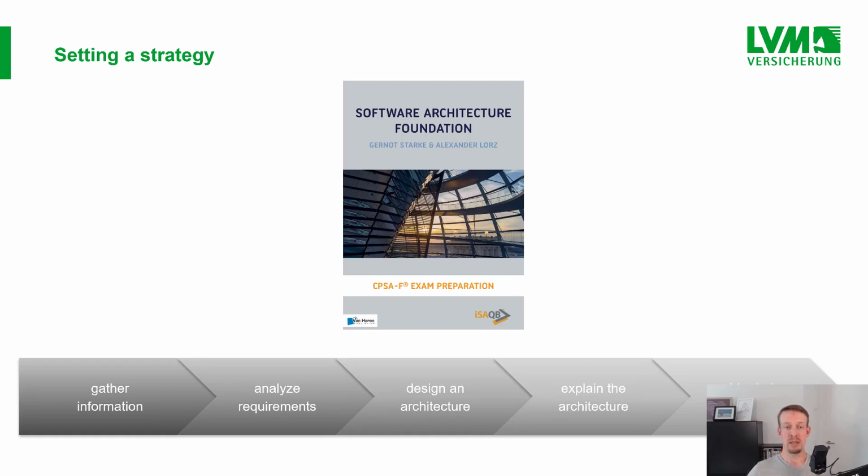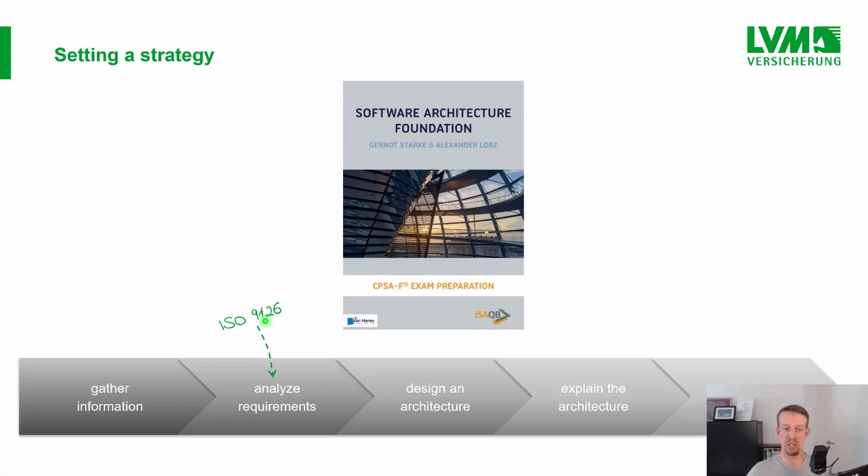Gernot Starke strongly focuses on one aspect that helps a lot. That is the ISO 9126, the quality characteristics of software systems. This ISO standard asks some quite relevant questions that otherwise are neglected.